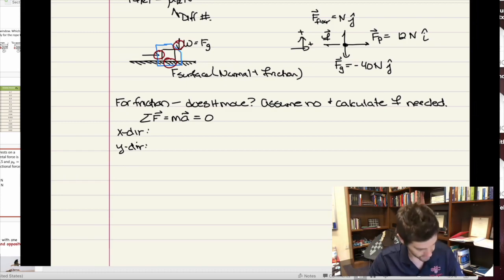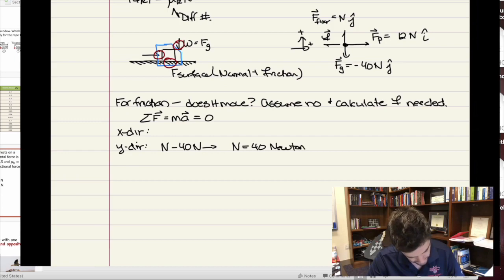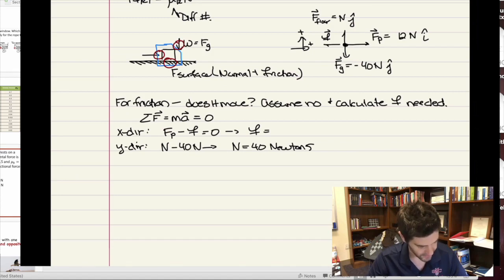In the y direction, it's N minus 40 newtons, or the normal force equals 40 newtons, the weight. In the x direction, the force from the push minus friction, since friction is pointing to the left, equals 0. That implies the friction required to keep things stationary, in this case, is 12 newtons.